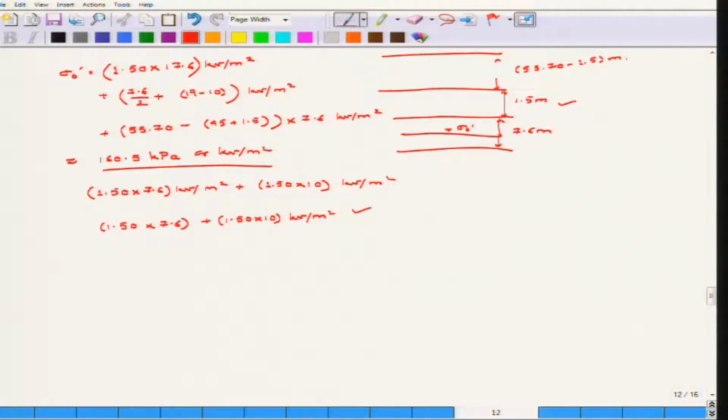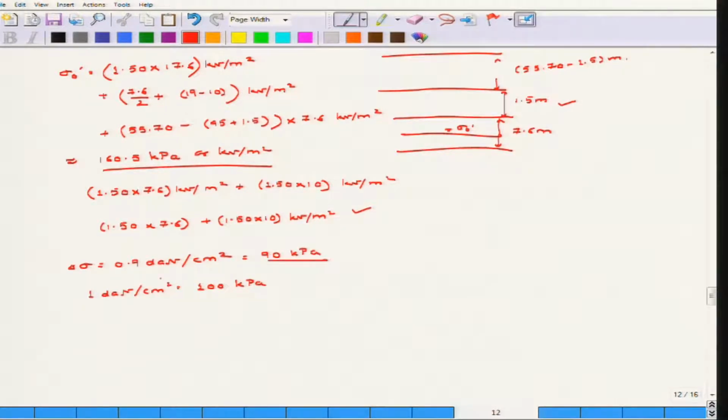Now once you know that 160.5 kPa, you also know that the value of delta sigma is 0.9 ton per centimeter square. Okay. Now the unit of 1 kg per centimeter square is equivalent to 100 kPa, so this is basically equivalent to 90 kPa.